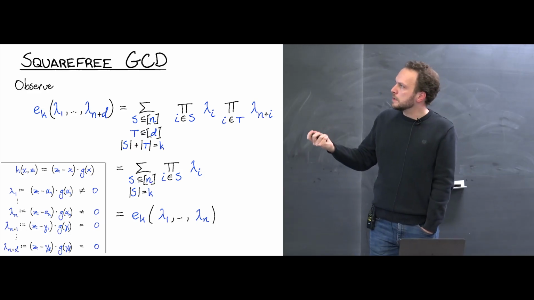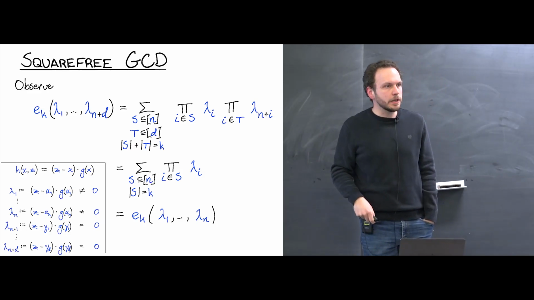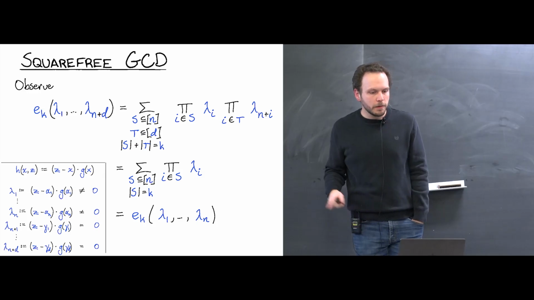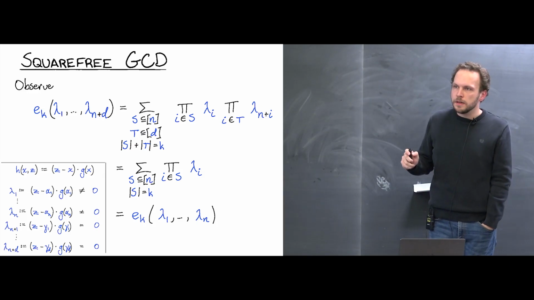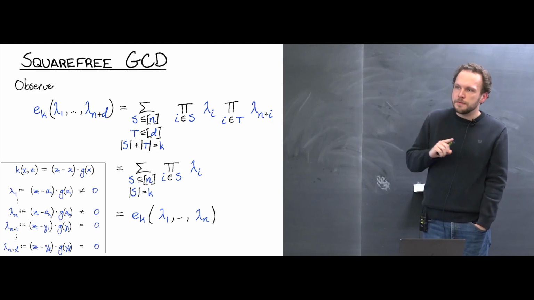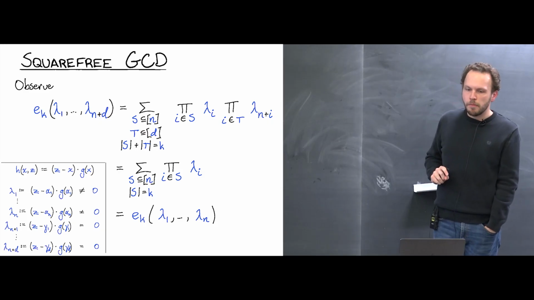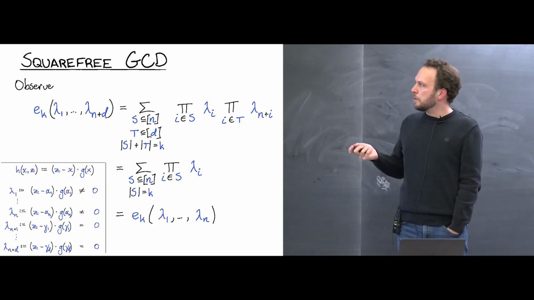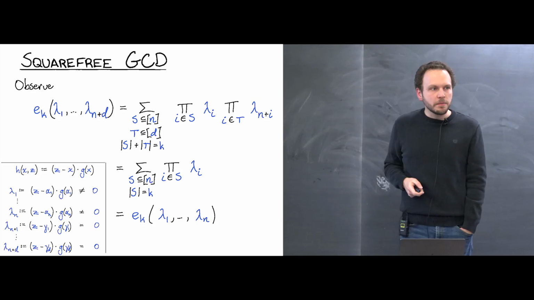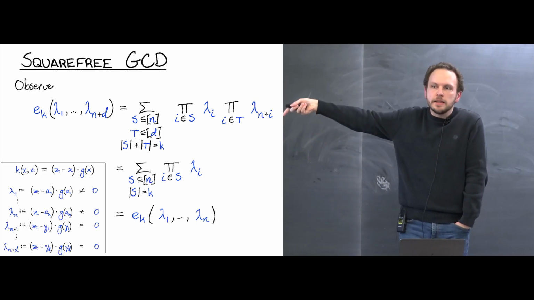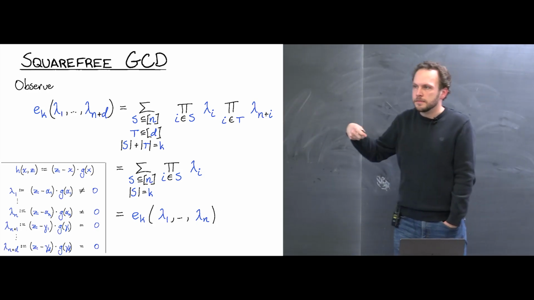This is a polynomial in z. Let's normalize it to have leading coefficient 1. Now what is this? This is the product of z minus the alpha i's. This is exactly f divided by the GCD. So if we could somehow compute this value here, we'd get f divided by the GCD. Divide f by this, you get the GCD back.